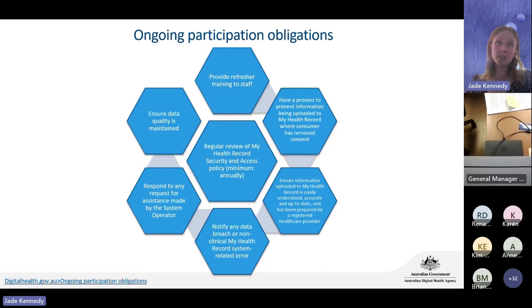Basically, organisations need to ensure that they notify the agency as system operator of any data breach involving the My Health Record system. If the organisation is a private organisation, then they would also need to notify the Office of the Australian Information Commissioner. Public organisations are only required to notify the agency. There are penalties for failing to notify the agency of a data breach, so that's a really important one to be aware of.